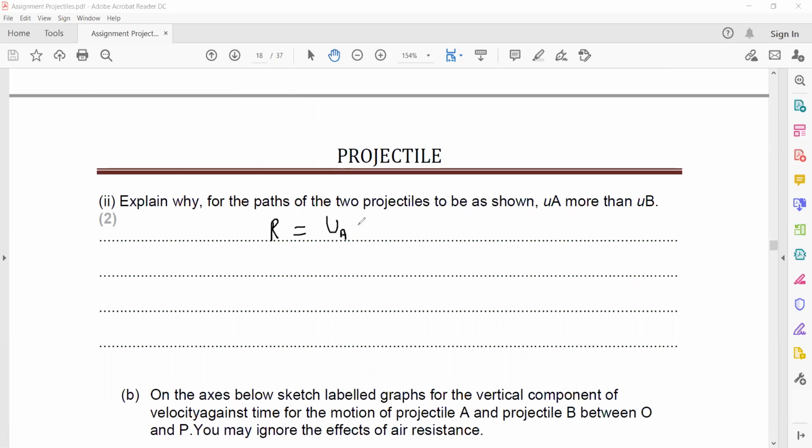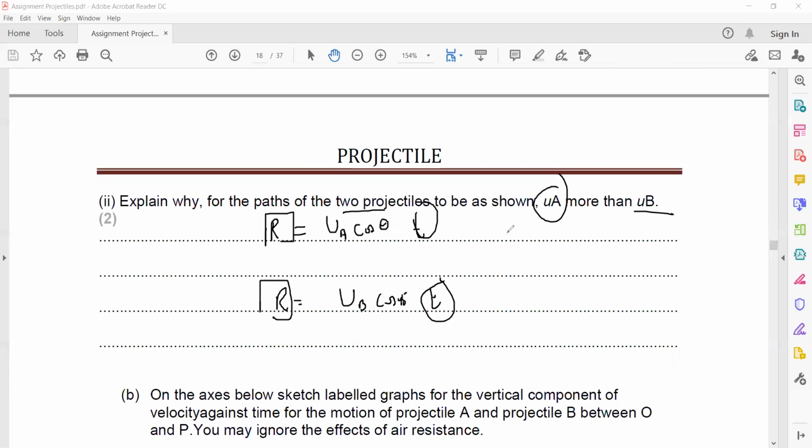So UA cos theta times T, and this one will be UB cos 45 times T. So why should UA be more than UB? We want them to have the same range, and the time interval is also the same.